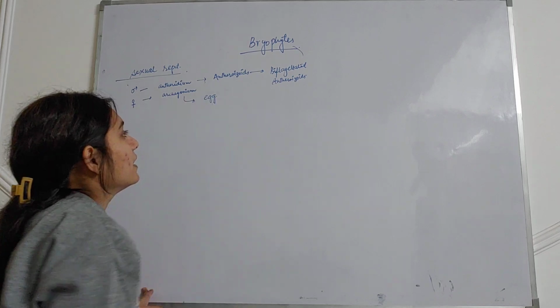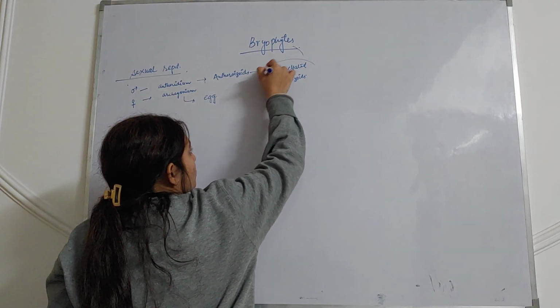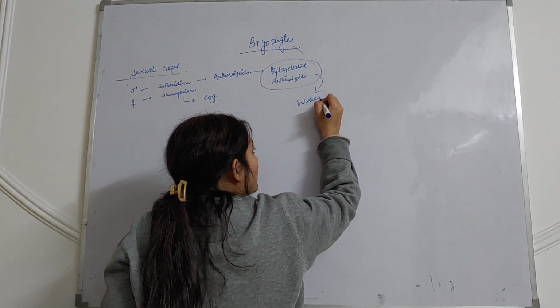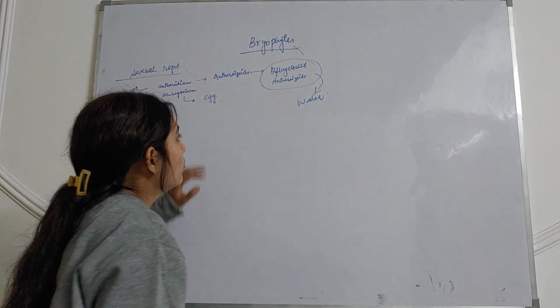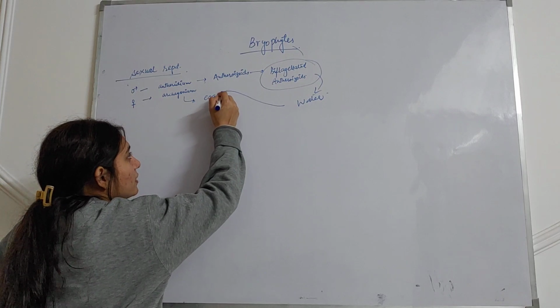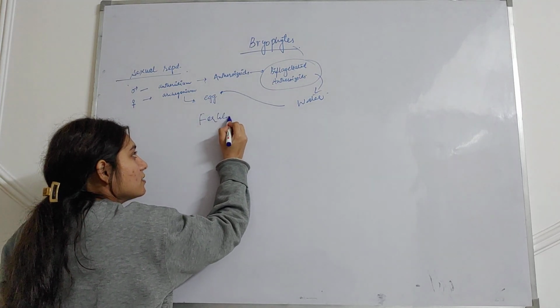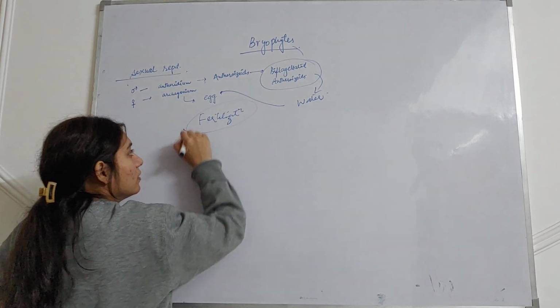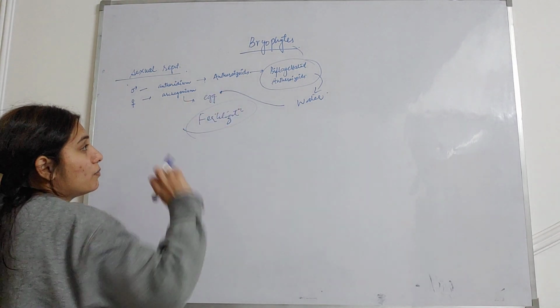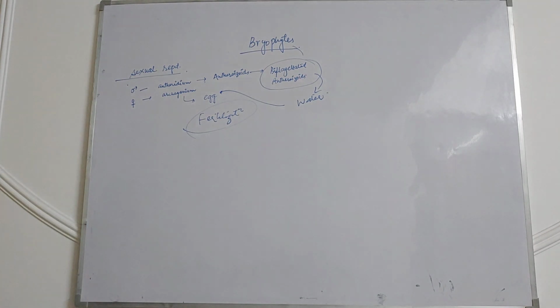We generally call it egg. With the help of flagella they swim and reach to the mouth of the egg and fertilization takes place. So this is how sexual reproduction occurs in bryophytes.